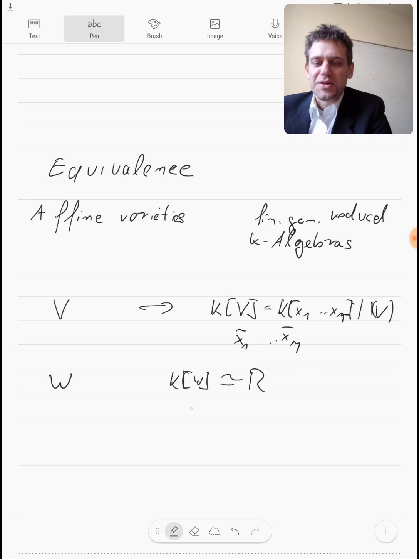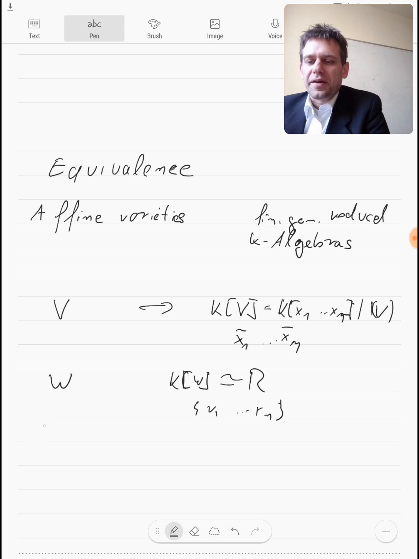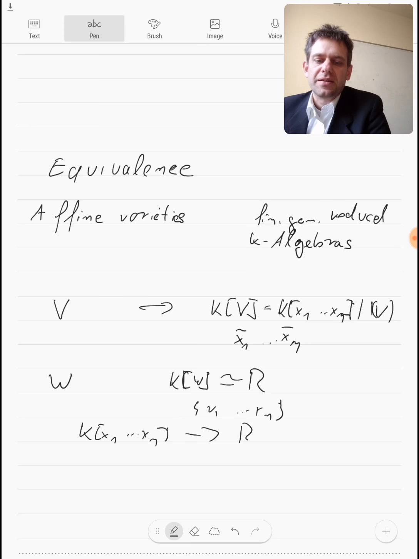Yeah, so what can we do? We know that R is finitely generated, so let's write down a finite set of generators, say r1 to rn. And then we can also write down a surjective map from k[x1,...,xn] to R. So this is a surjection.